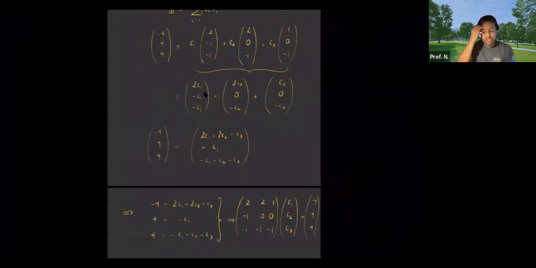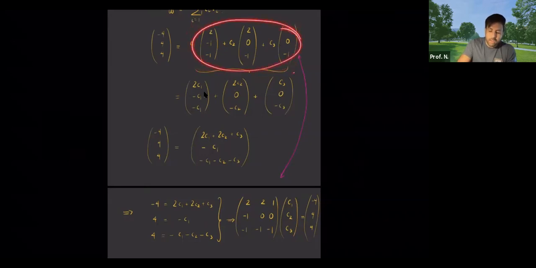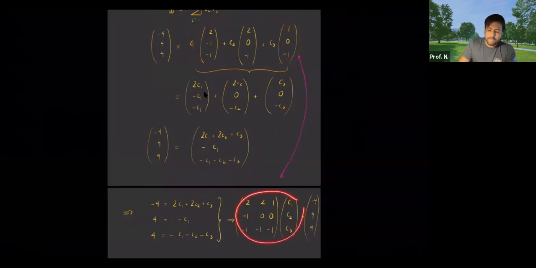Now, this should make sense if you remember that matrix multiplication is also expressed as a linear combination of the columns. When you perform a matrix multiplication of this sort, another way to represent it is this here, because I just showed you algebraically how we went from here all the way down to here.